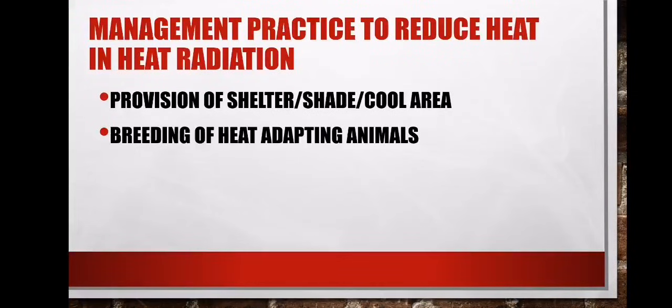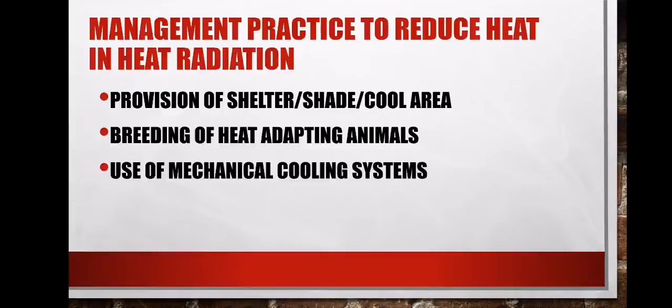Breeding of heat adapting animals: you produce animals that are able to adapt to high temperature. Then you also use some mechanical cooling systems, maybe a fan or water sprinklers.